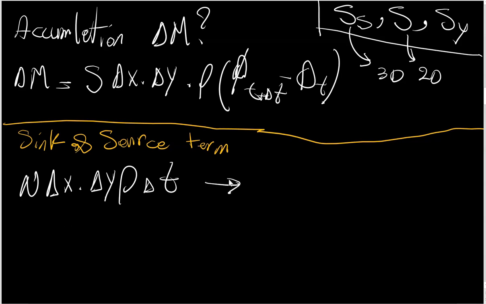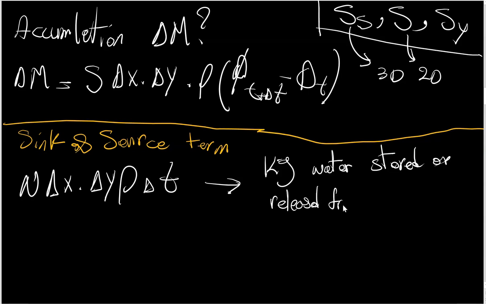This term is technically the amount of water which gets released or stored within the unit area. This is the mass, the kg of water, stored or released from the delta x, delta y area during delta t.